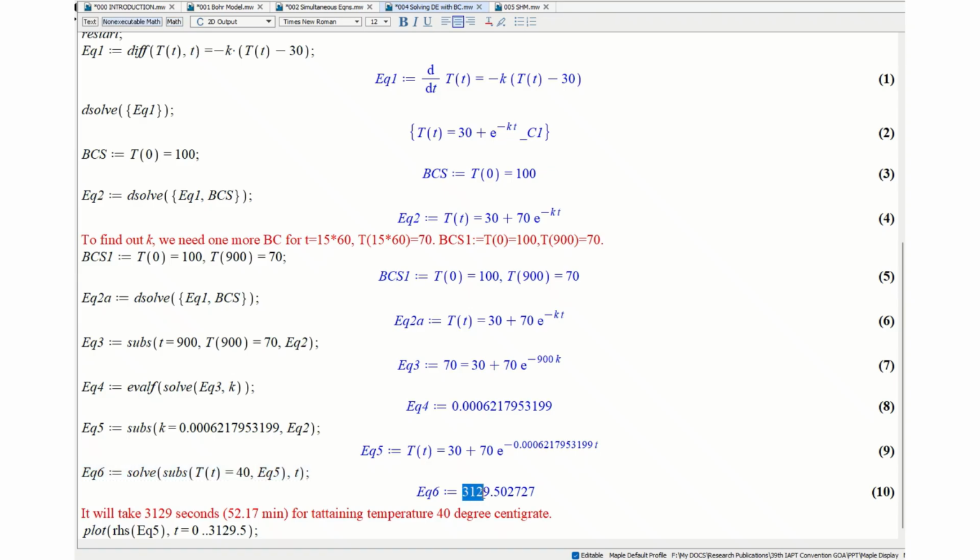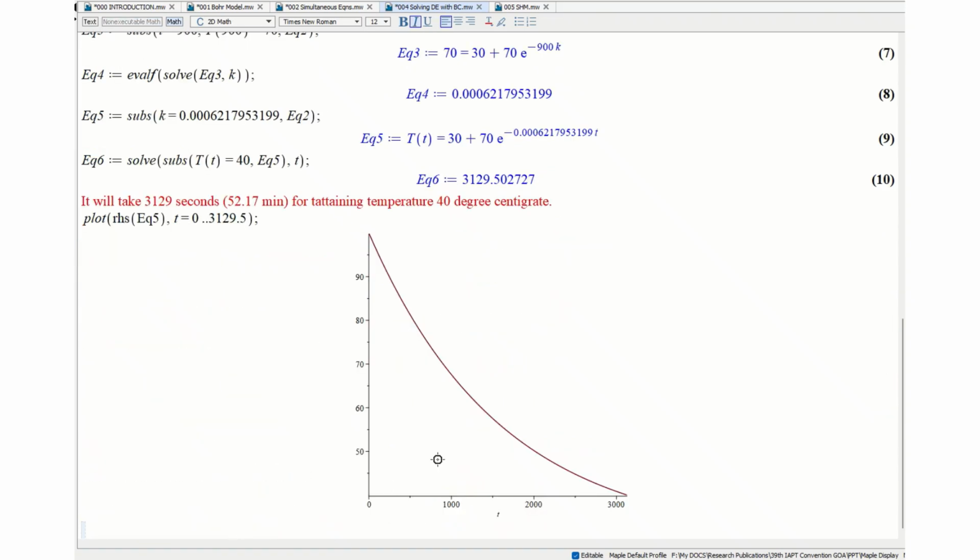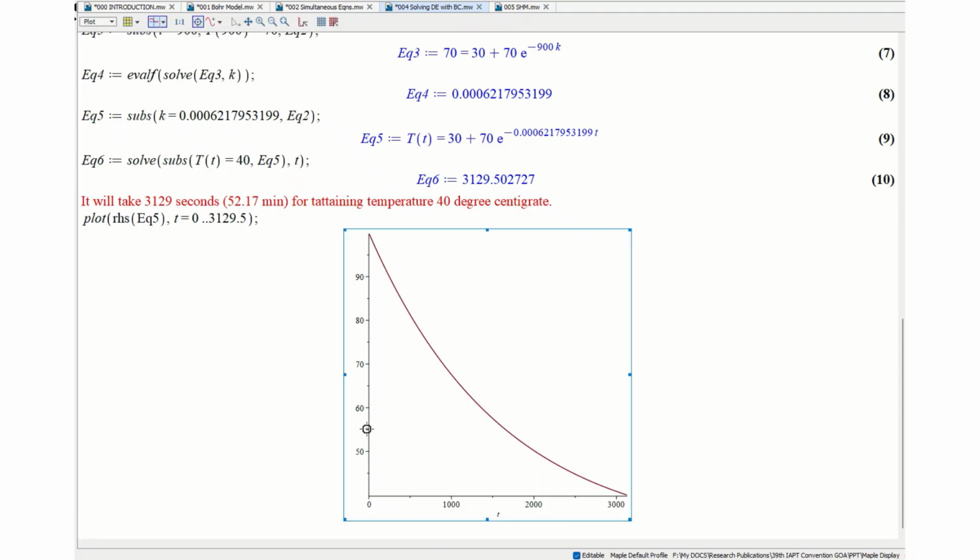It will be these many seconds, and we can make a plot, and here you can locate the 40-degree temperature. So the time involved you can find out.